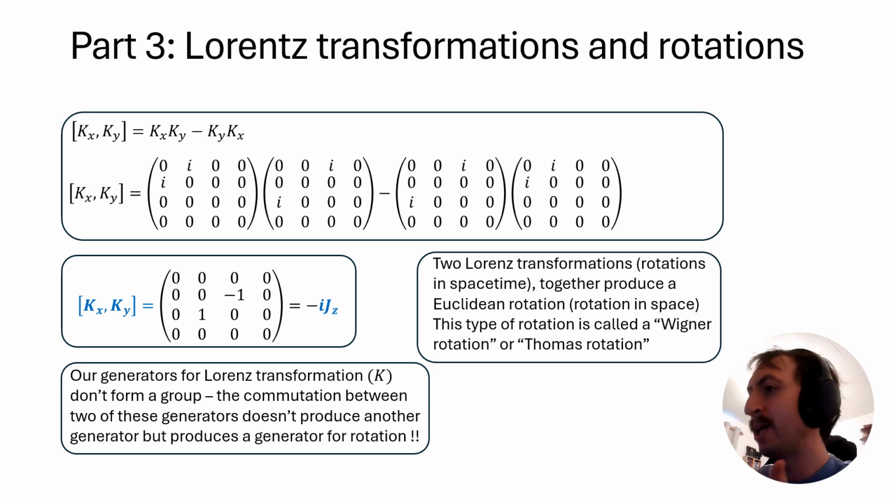I mean, we get something that is a generator of a Lorentz boost. We get a generator of Euclidean rotation.